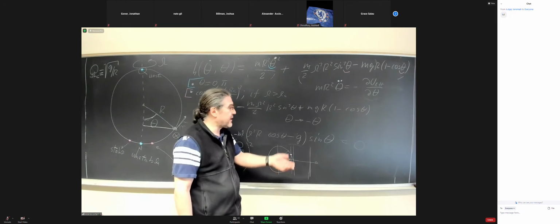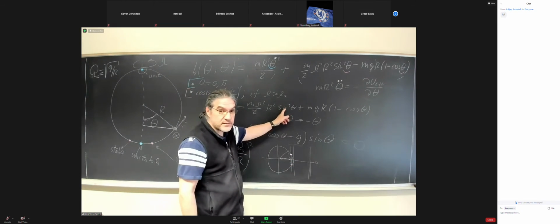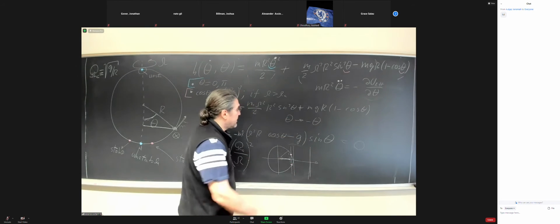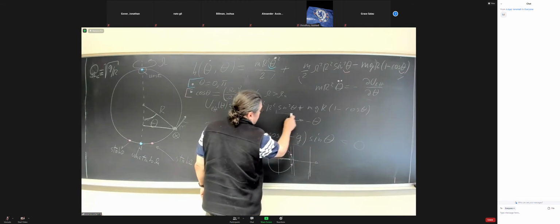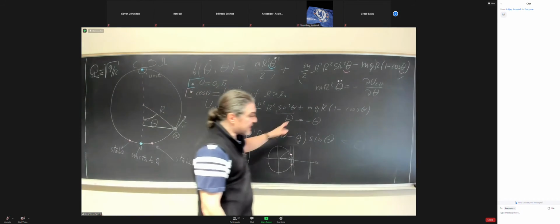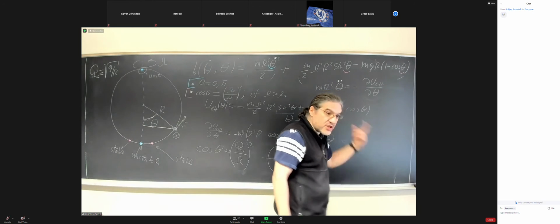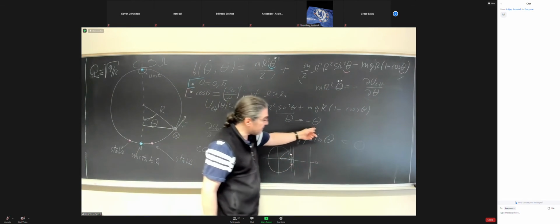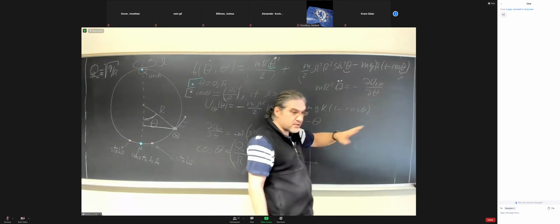Yes. Okay. But it's squared here. So when I change theta to minus theta, this term does not change. And this term does not change. Here's cosine. When theta goes from theta to minus theta, that cosine does not change.